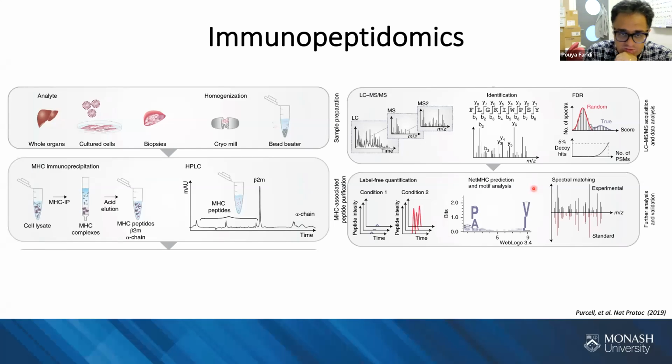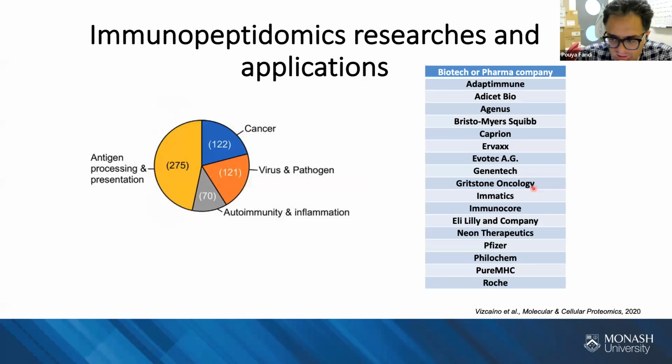So this method was not very popular maybe 10, 15 years ago, but now if you look at this paper published in 2022, you see so far around 400 or 500 papers published that used immunopeptidomics, and around 122 papers used immunopeptidomics for cancer.